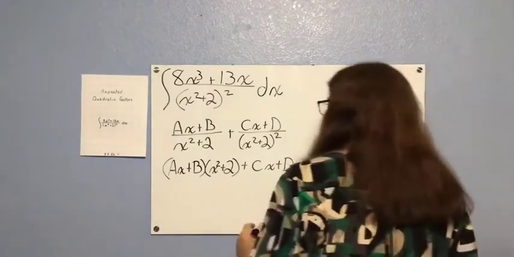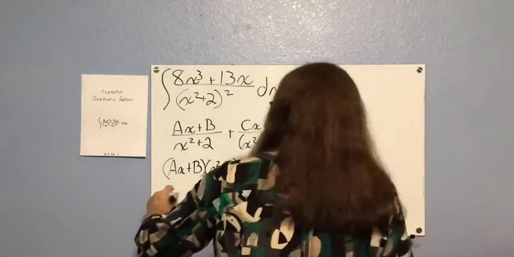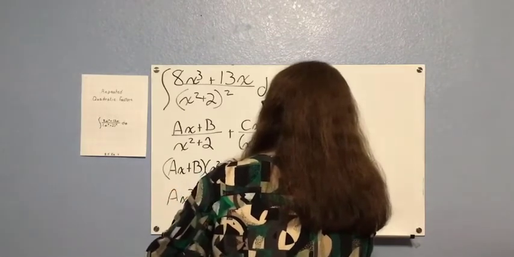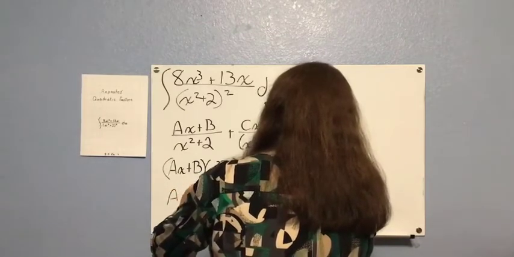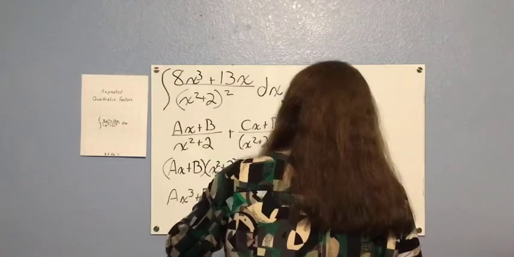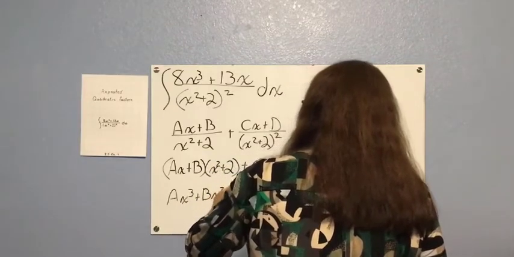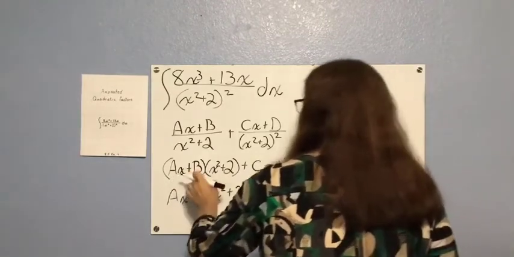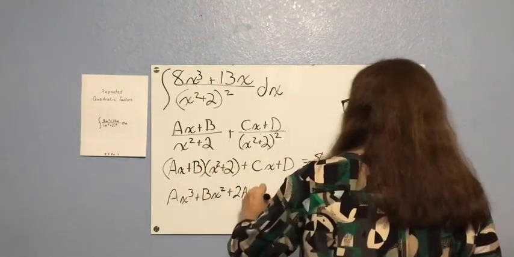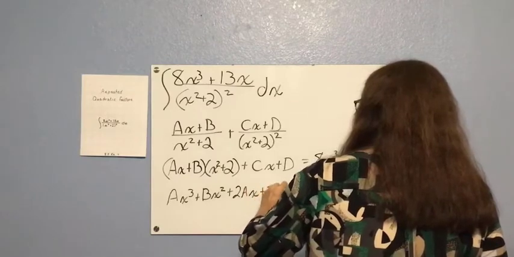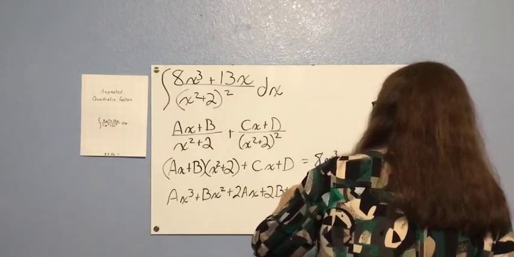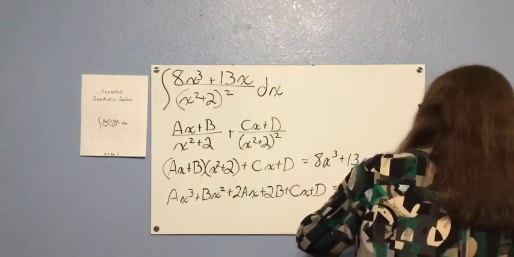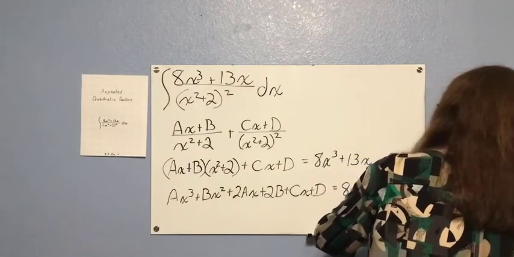Now I'm going to multiply this out, which gives me ax cubed plus bx squared plus 2ax plus 2b plus cx plus d equals 8x cubed plus 13x.